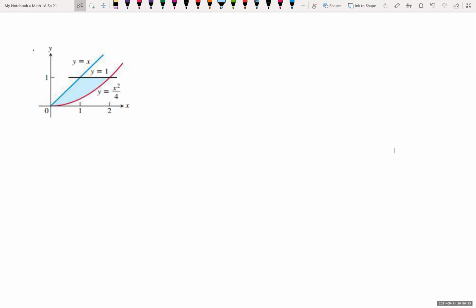So we have another picture in front of us, and we're trying to find the area bounded between these curves. We're given that one curve is y equals x, one curve is y equals 1, and one curve is y equals x squared over 4. Notice that there's two pieces we have to worry about, because there are different pieces of which function is on top and which is on the bottom.